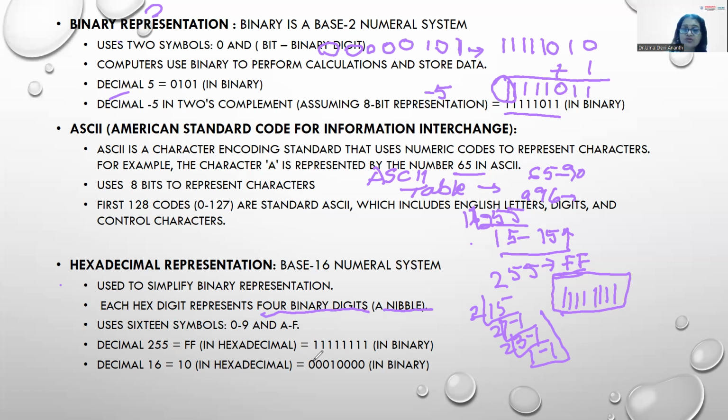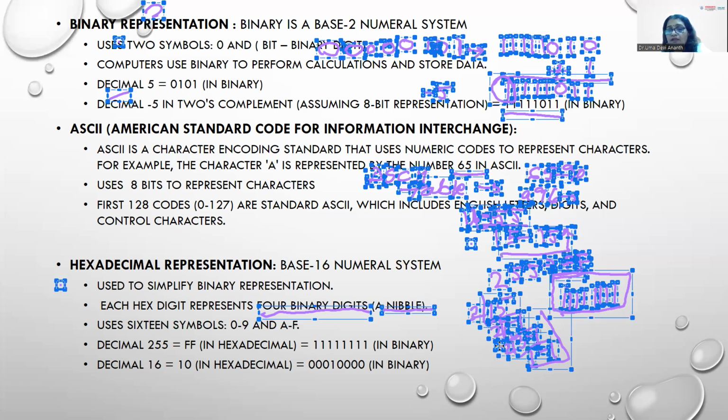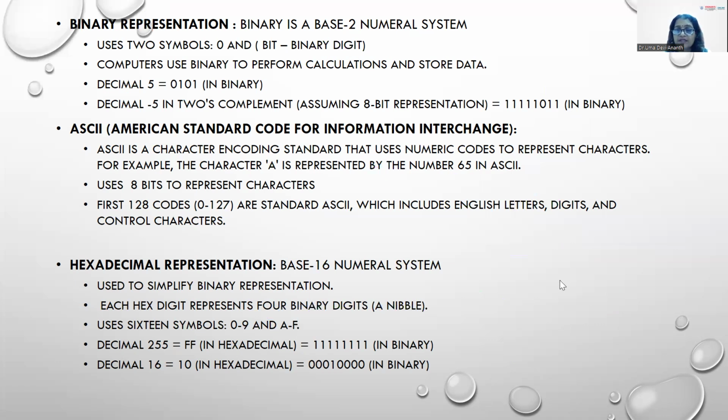Now, how do you get the value of, let's say, 16 in hexadecimal? So again, what we need to do is take 16, and we divide it by 16 itself, because it's a hexadecimal system.